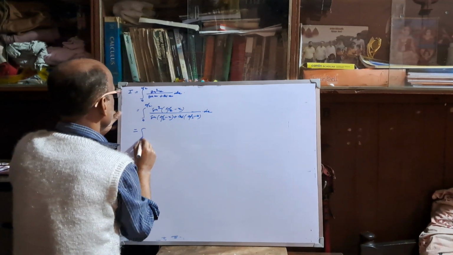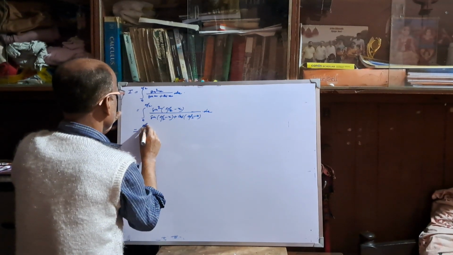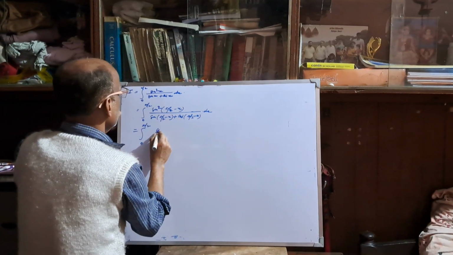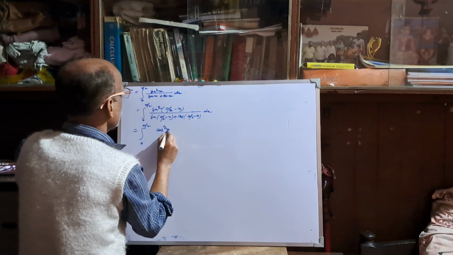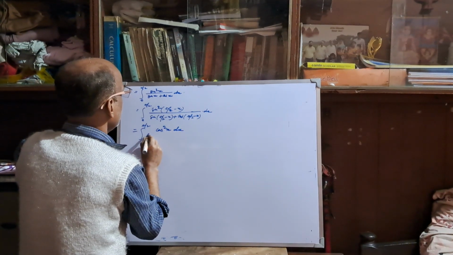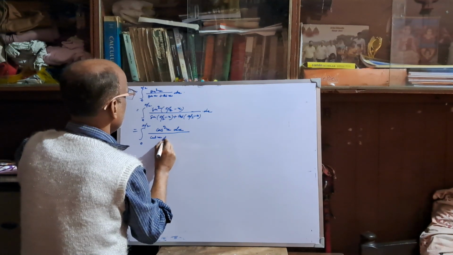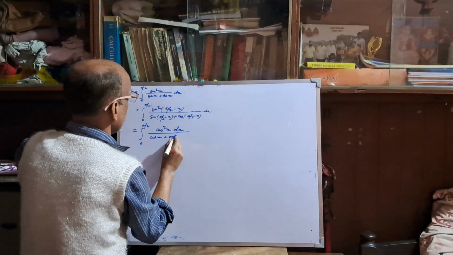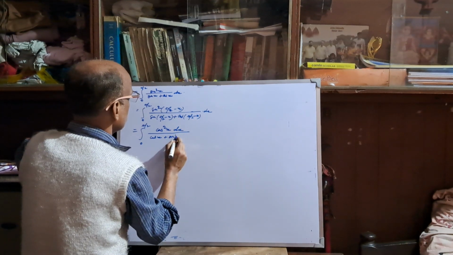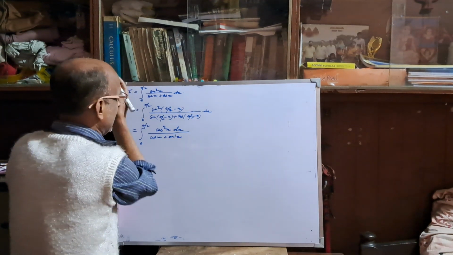That is equal to the integral from 0 to pi by 2 of cos square x dx divided by cos x plus sin x. That clear?